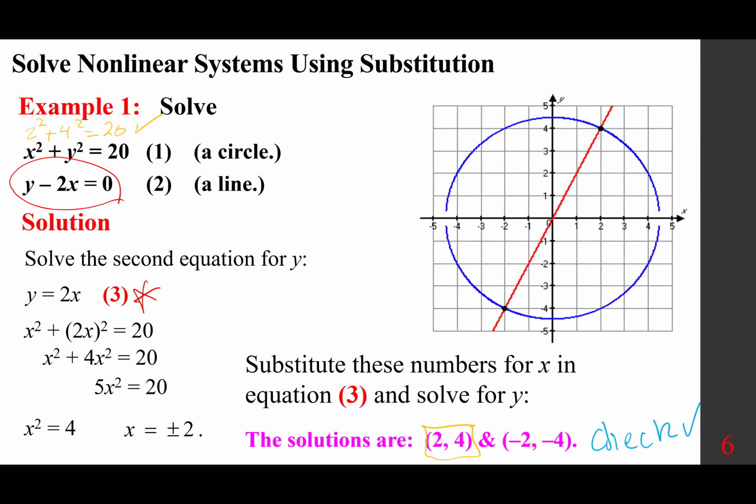Now, we can also look at the graph. As I mentioned, the first one is a circle centered at 0, 0 with the radius being square root of 20. Square root of 20, remember, square root of 16 is 4. Square root of 25 is 5. So square root of 20 is somewhere in between. That's why you get a number between 4 and 5 for the radius. And y equals 2x. You can see that it goes through 0, 0. And for example, 1, 2, just as an example.